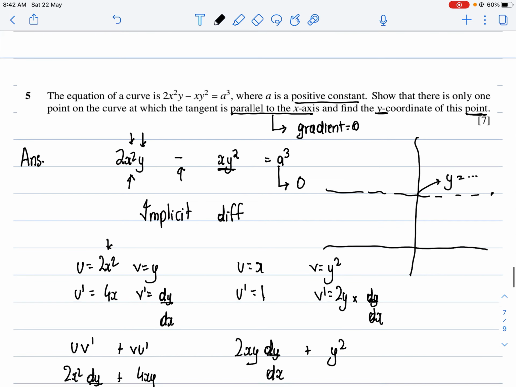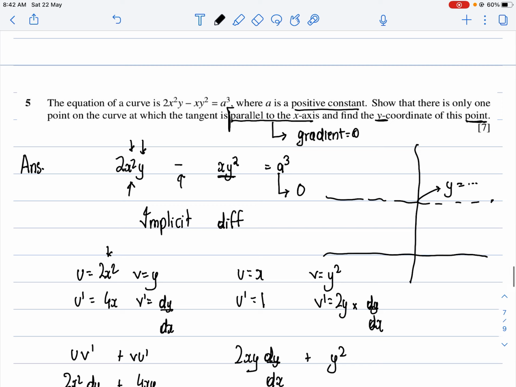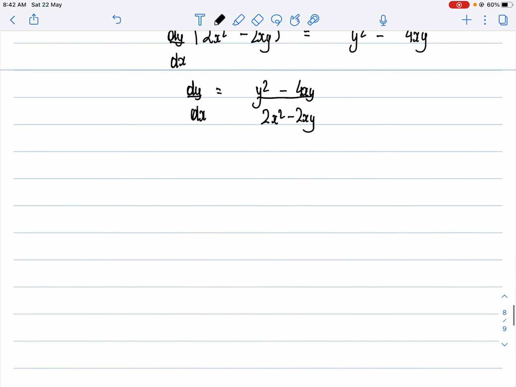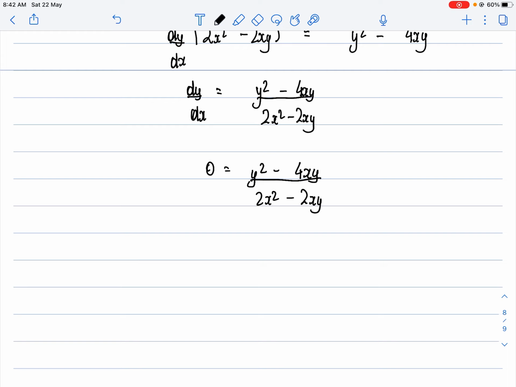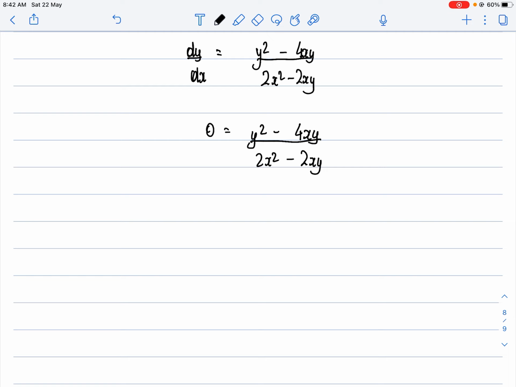But I told you, if the line is parallel to the x-axis, my gradient is 0. So I can simply equate this to 0 equals y square minus 4xy over 2x square minus 2xy. My denominator will go away because it will be multiplied by 0.